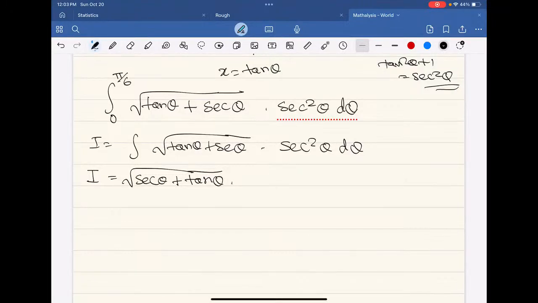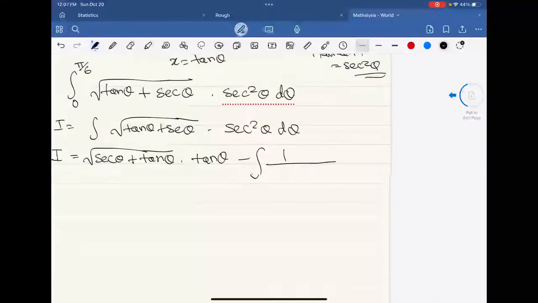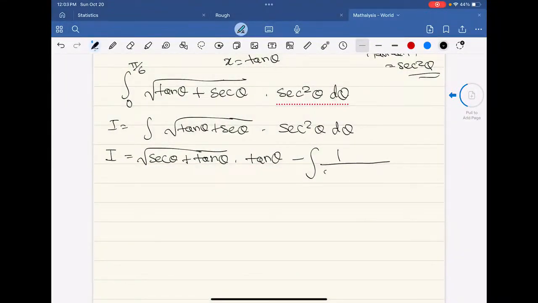The integral of sec square theta is tan theta minus the integral of, now this is just, if I take the derivative, 1 by 2 root sec theta plus tan theta, and then there will be sec square theta plus sec theta tan theta, right, times the integral of sec square theta, which is just tan theta, d theta.